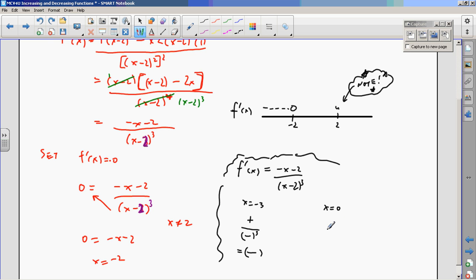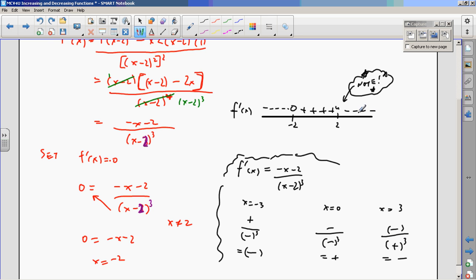But then I'd have a negative on the top because this is 0 minus 2, over a negative cubed, which is going to be a positive altogether. So it's positive here. And then on this side, x equals 3, positive 3 maybe. I'm going to have a negative on the top and then a positive cubed on the bottom, which is going to make that negative overall.